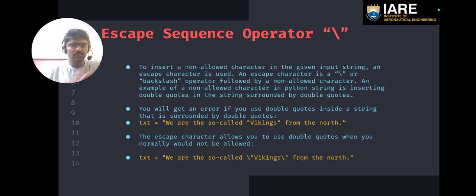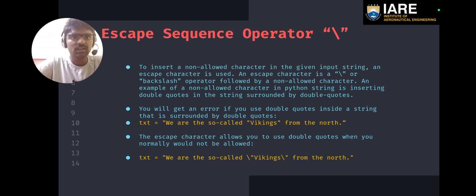An escape character is a backslash followed by a non-allowed character. An example of a non-allowed character in a Python string is a double quote inserted in a string surrounded by double quotes. You will get an error if you use double quotes inside a string that is surrounded by double quotes.